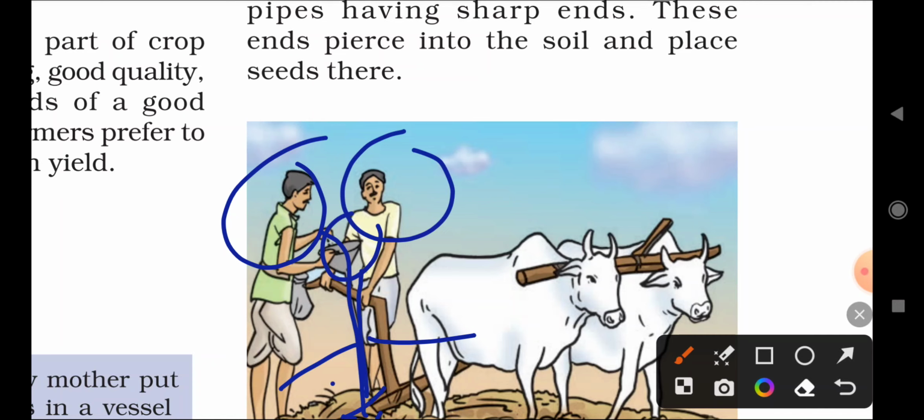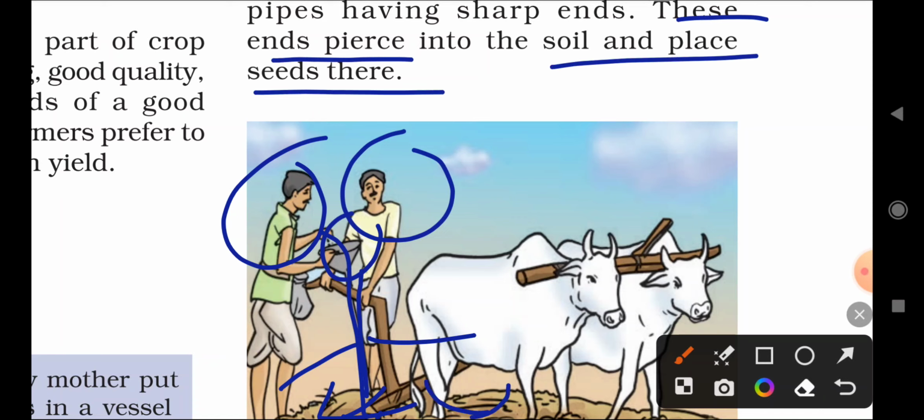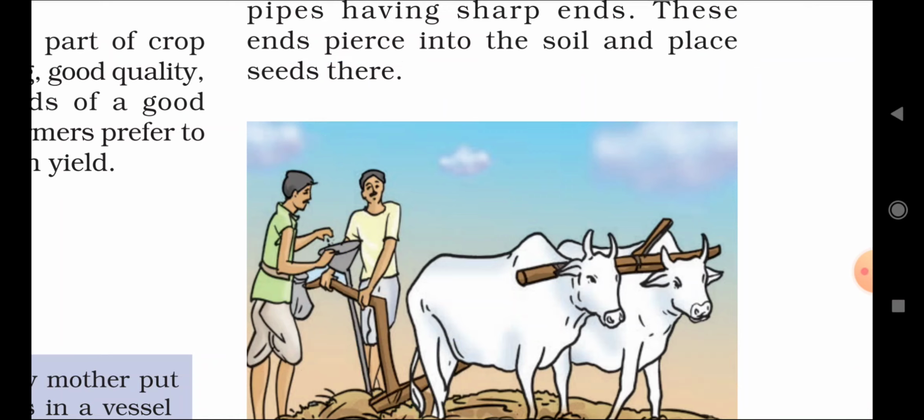They have sharp edges, so they pierce into the soil and place seeds there. These ends dig into the soil, the seeds are passed into it, and the seeds will grow later.